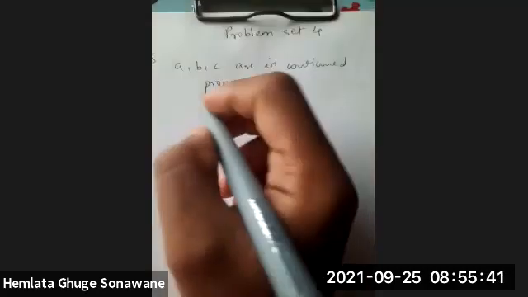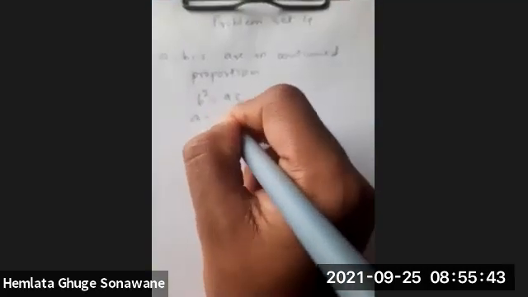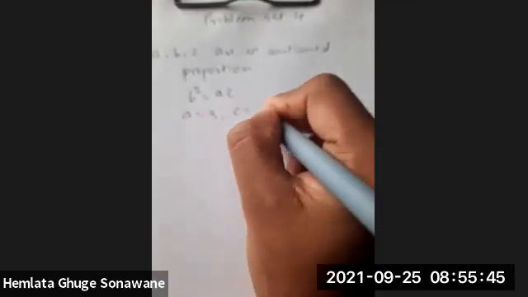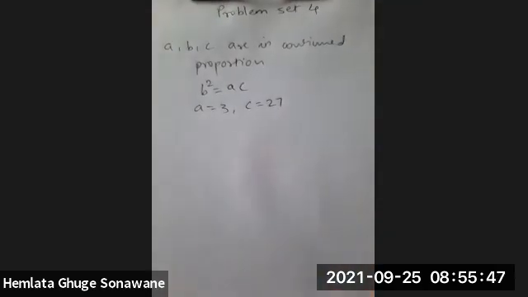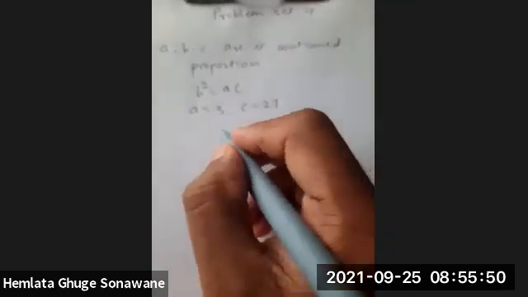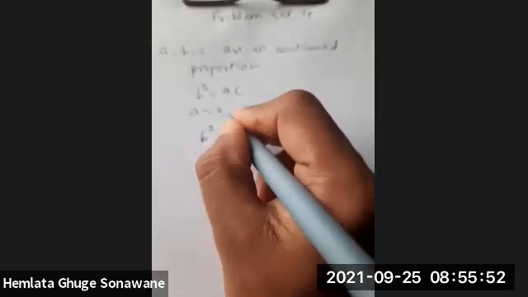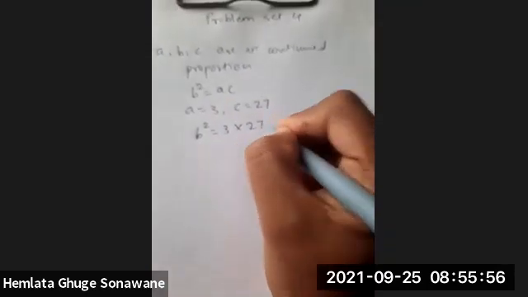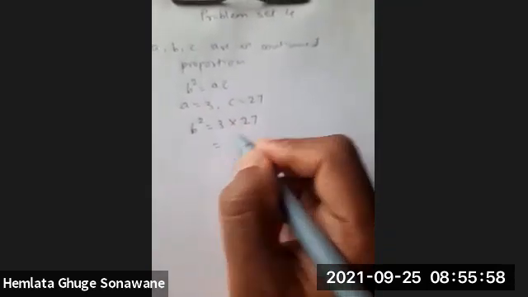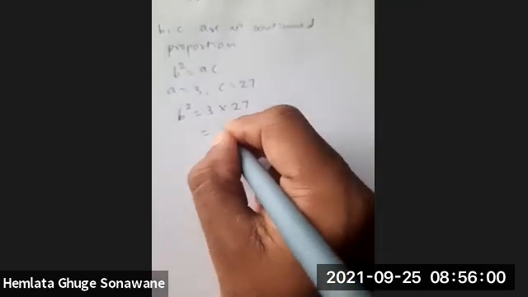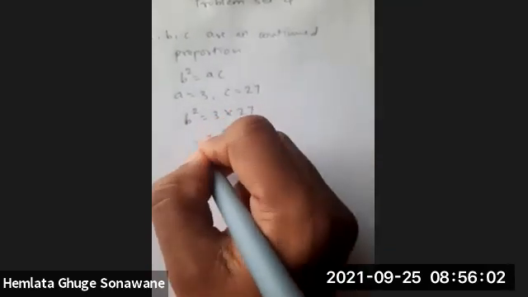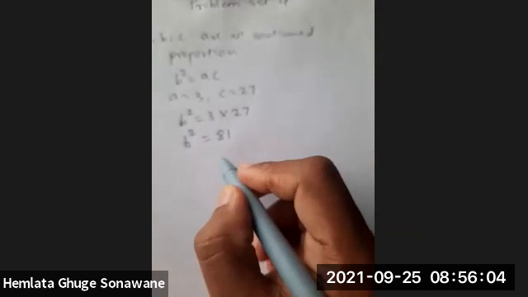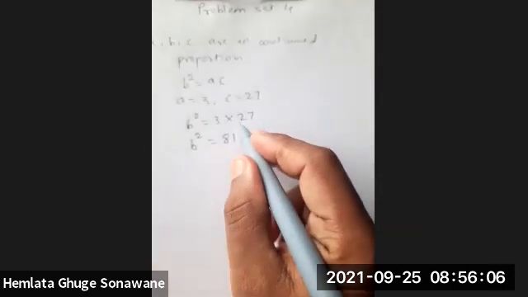Now we have the value of A as 3, C as 27. We'll put these values into this formula. B square is equal to A, which is 3, times C, which is 27. 27 times 3 is 81. So we have got B square as 81.